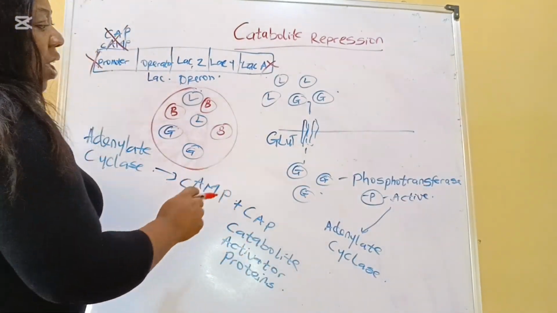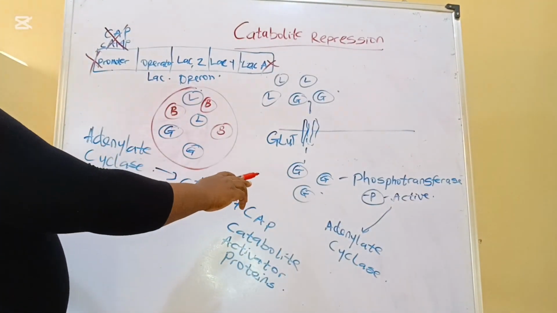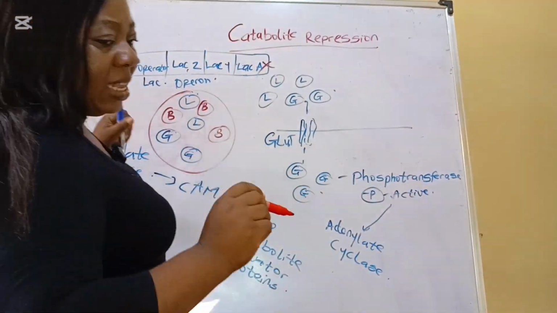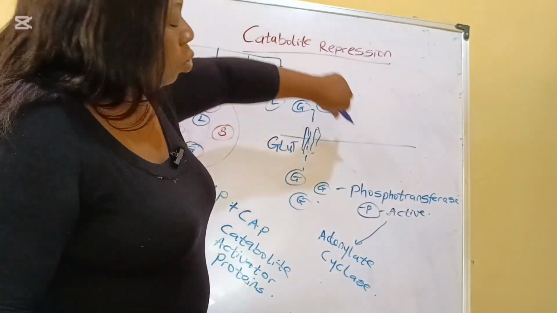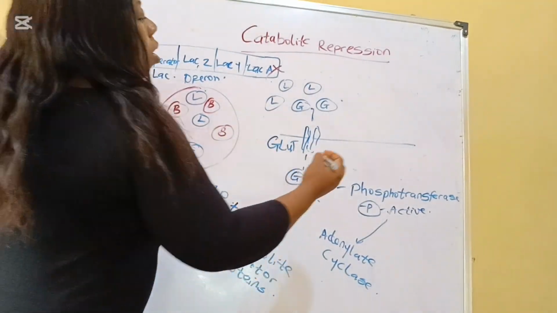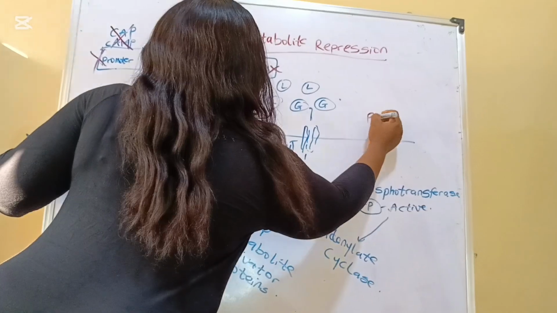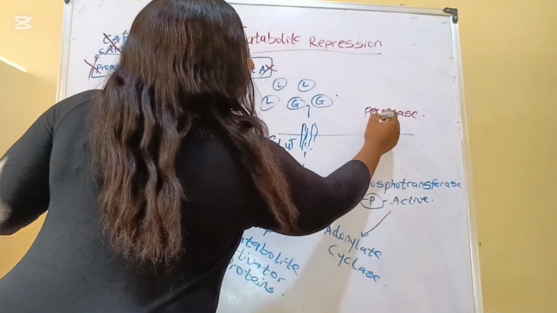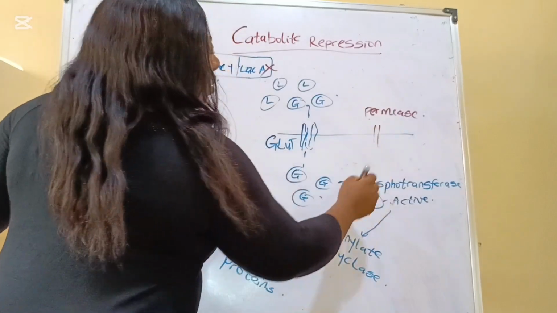Now, another thing that this enzyme does is that it prevents the entry of lactose into the cell. We have permease here, which enhances the entrance of lactose.